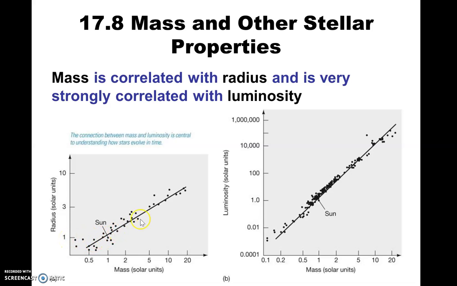But notice there seems to be a linear relationship between the size of a star and its mass. So larger stars basically have more mass. There seems to be a 1-to-1 relationship between those two.